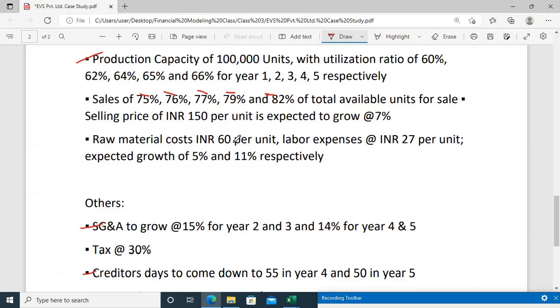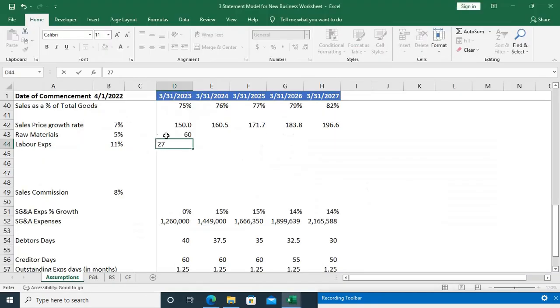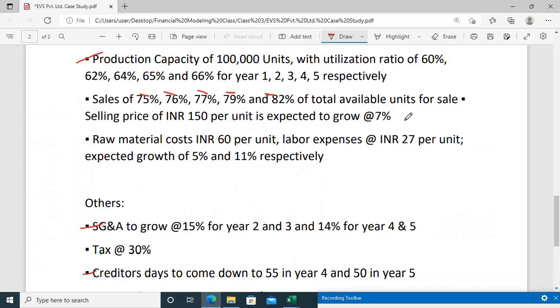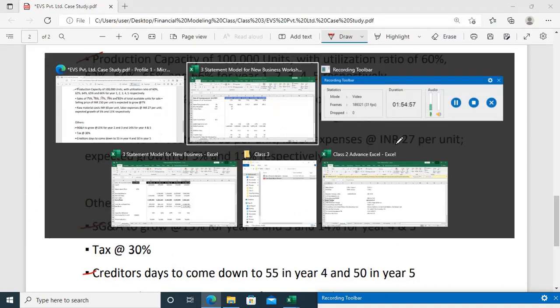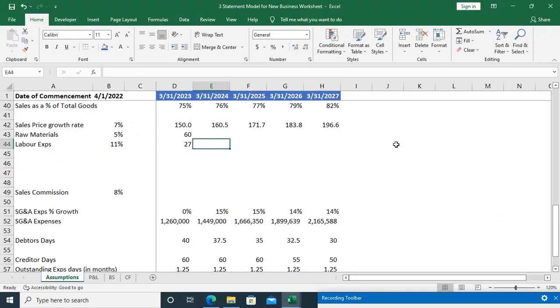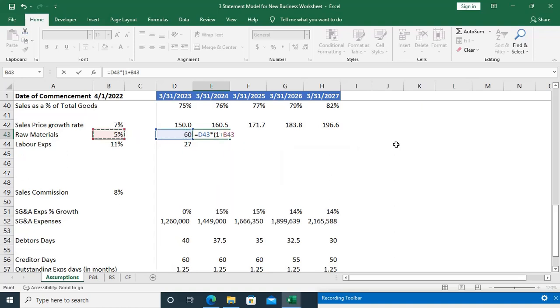So the raw material cost, I have taken it down. It is 60, as you can see, and the labor expenses is 27 per unit given here, right? So now how to grow it? Just the same formula I put in here, you can copy it down. I'm just doing the calculation once again. 60 multiplied by the first bracket, 1 plus 5%.